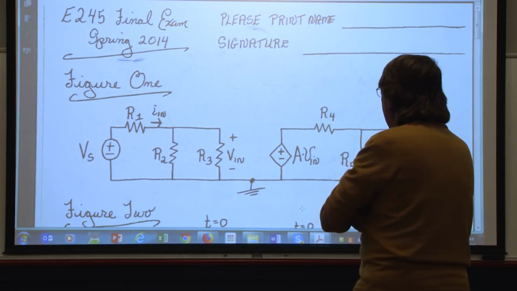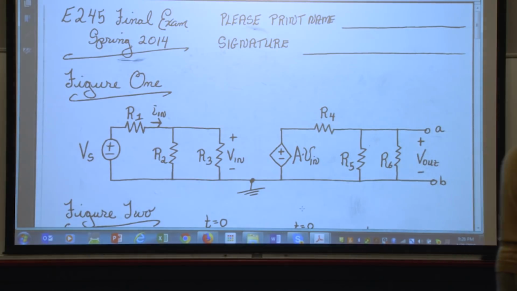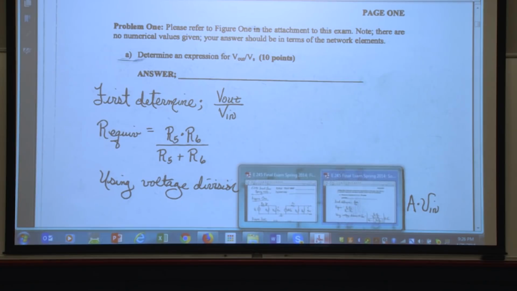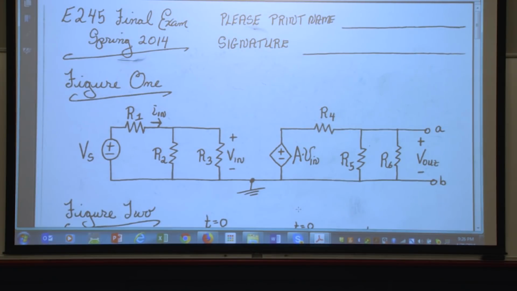All right. Let me just go back to the first question so I can get started, and then I'll bring back the figure again. First question is V out over Vs. Now, we're thinking back to the February time frame when we had our first exam and our very first review together.